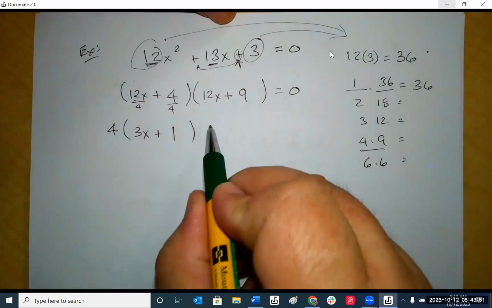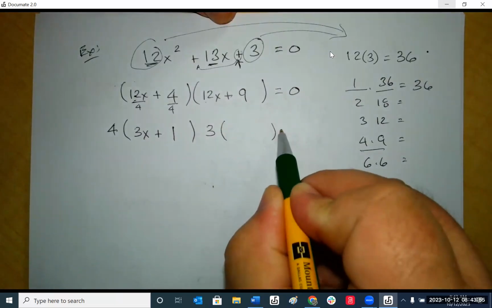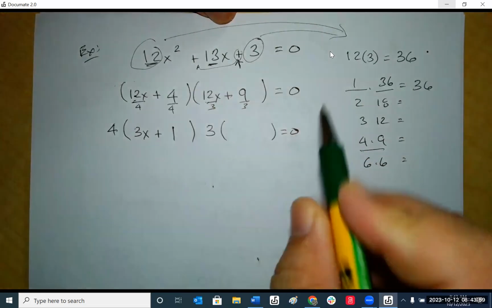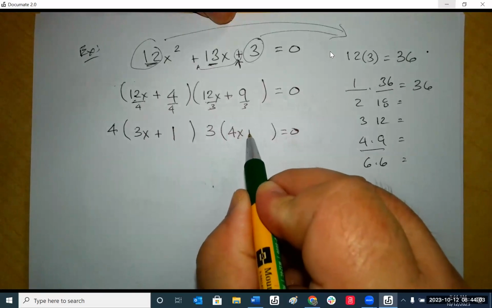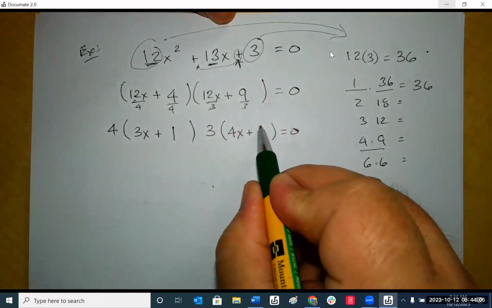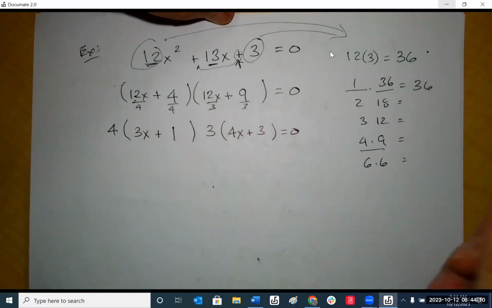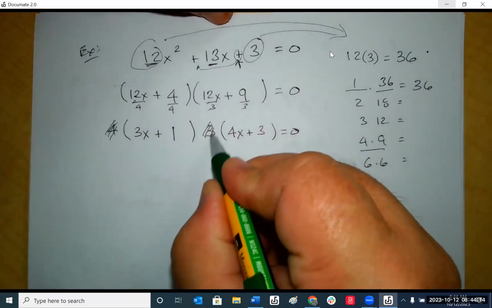What do 12 and 9 have in common? They both have a 3. So I divide both of these by 3. 12 divided by 3 is 4x. Plus 9 divided by 3 is 3. Erase what we just factored out.